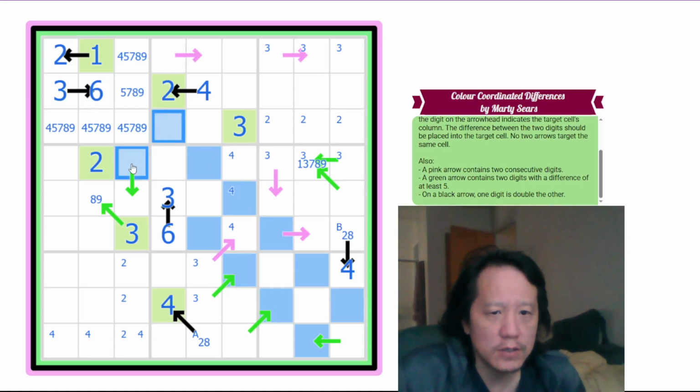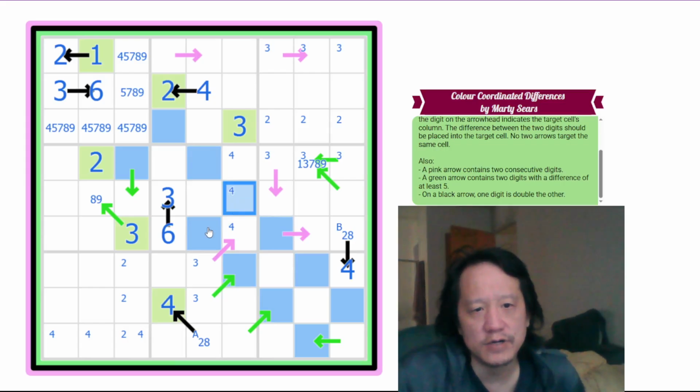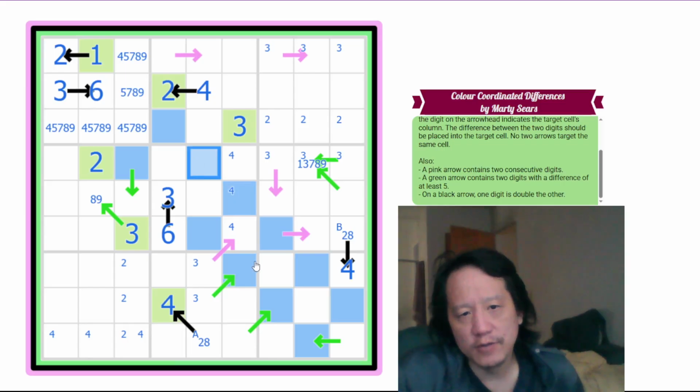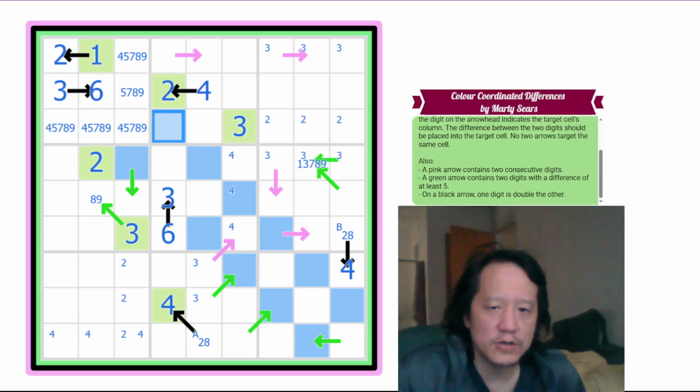So again, if we had just these 3, 1, 2, 3, that would eliminate all blue cells here, and therefore we would have to have that cell there. If one of these 3 is a 1, then it would eliminate the other one here, and therefore this would have to be a targeted cell. So either way, this is a targeted cell.